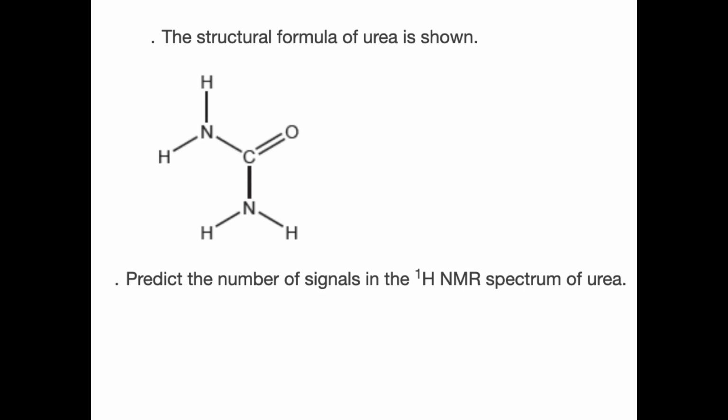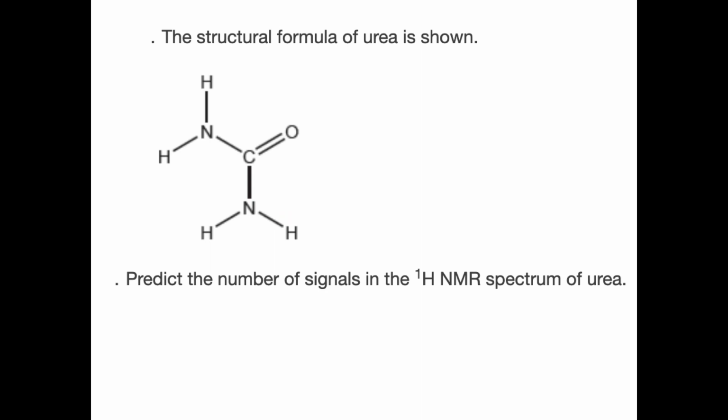So what you have are 1, 2, 3, 4 hydrogens, and all of them are in chemically identical environments. So therefore, the H1 NMR spectrum is going to identify all 4 of them as being in the same chemical environment, and its readout is going to produce a single peak that corresponds to 4 hydrogens.